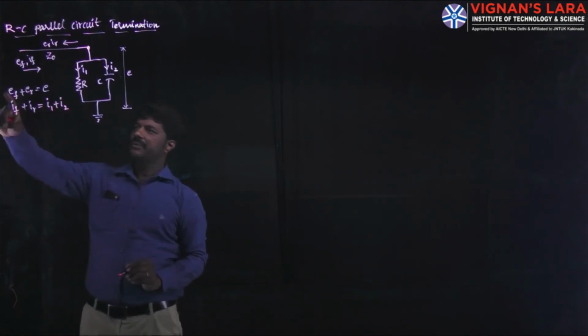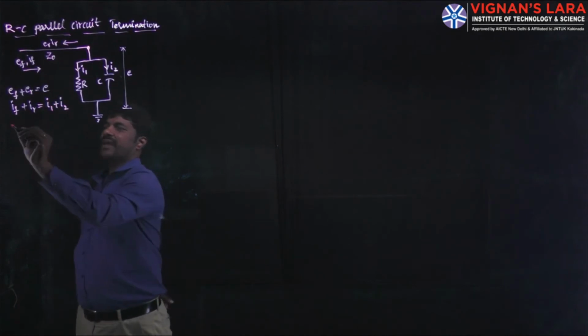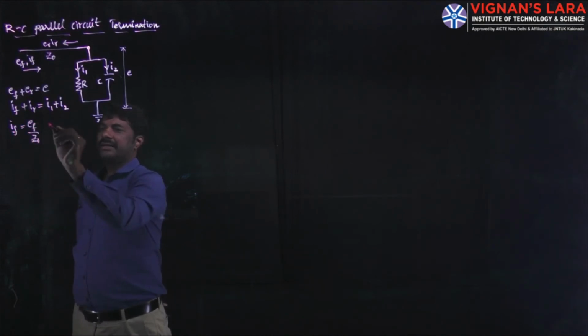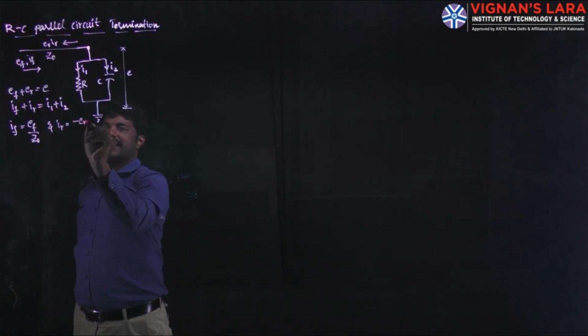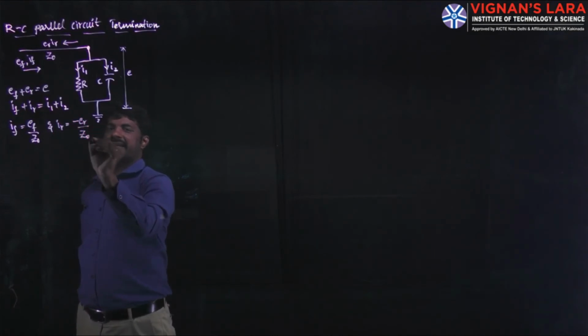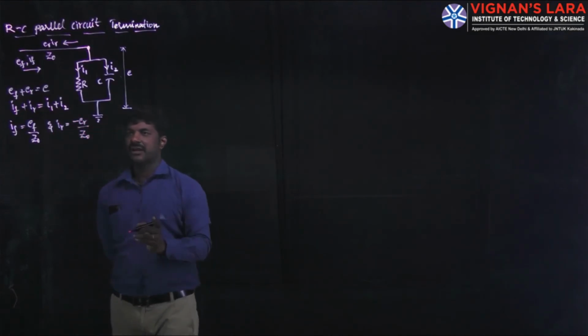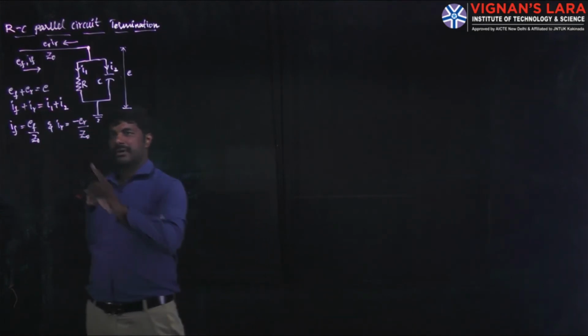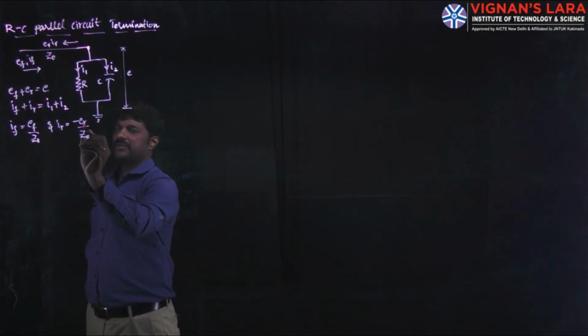So the relation between EF and IF is IF is equal to EF by Z0 and IR is equal to minus ER by Z0. Minus symbol because the reflected quantities are opposite directed moving towards incident. Reflected values are always opposite to incident, that is why minus.